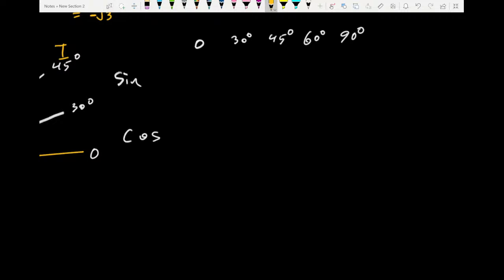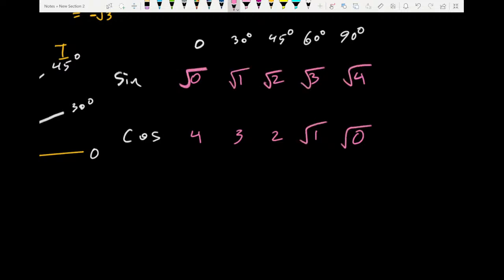The way I'll go about doing this, I'll start at the top with 0, 1, 2, 3, 4, then go to the bottom with 0, 1, 2, 3, 4. Then I'll take the square root for all of them. Then I divide everything by 2.